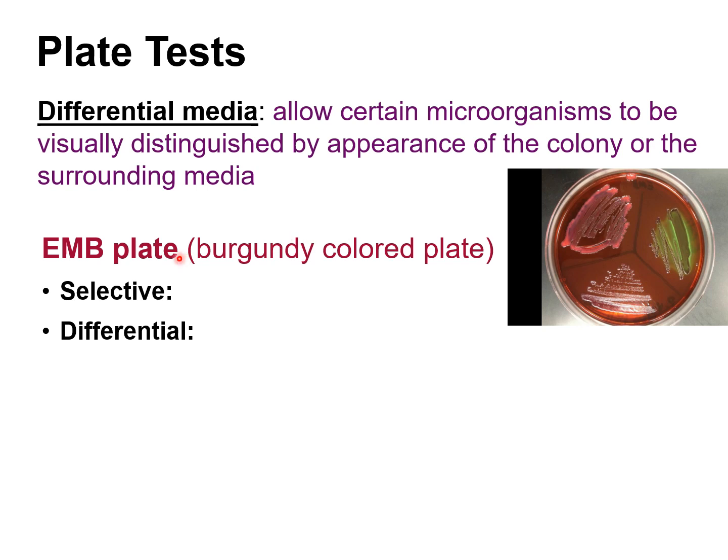Now, the EMB plate is also selective, meaning that it's going to allow certain bacteria to grow on it, and it's going to inhibit certain bacteria from growing on it. What type of bacteria can grow on an EMB plate? Gram negatives.